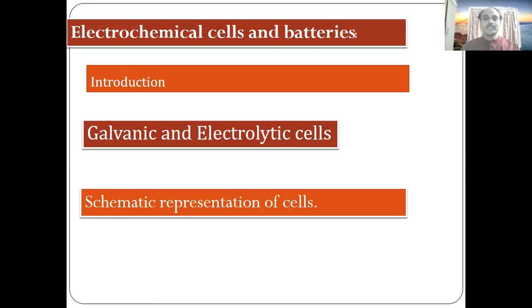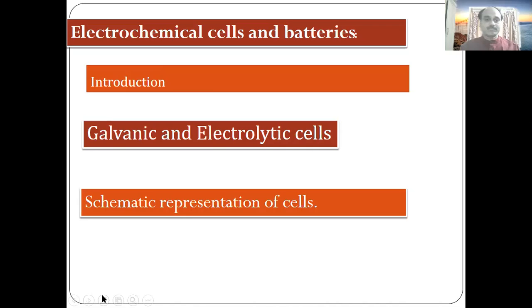And we'll be studying the construction of galvanic cells and electrolytic cells and the differences between them, and the schematic representation of cells. What is a schematic representation of a cell?